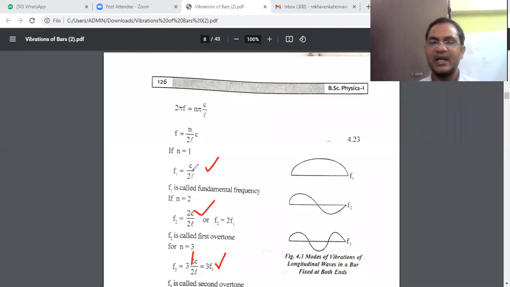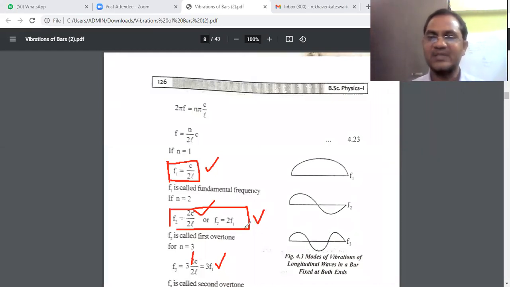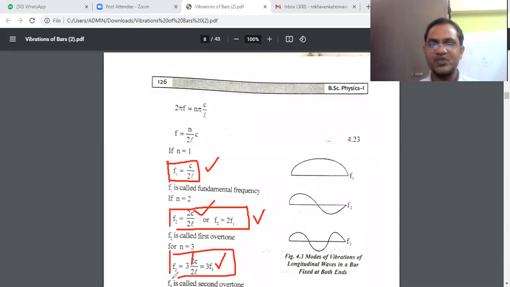F1 equal to c by 2l is called the fundamental frequency. F2 is equal to 2c by 2l, that equals 2f1, called second harmonic or first overtone. F3 is equal to 3c by 2l, that equals 3f1. This is called second overtone or third harmonic.